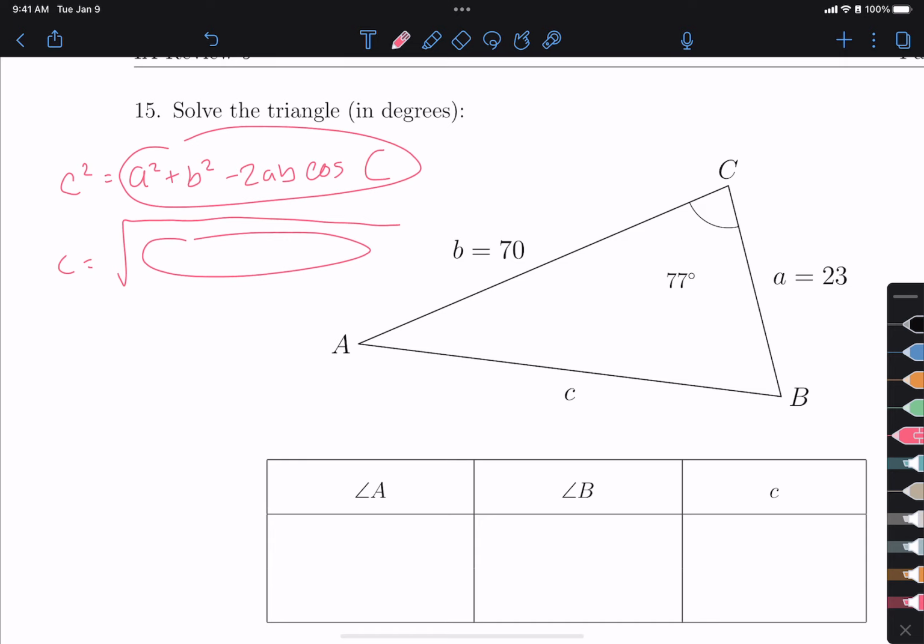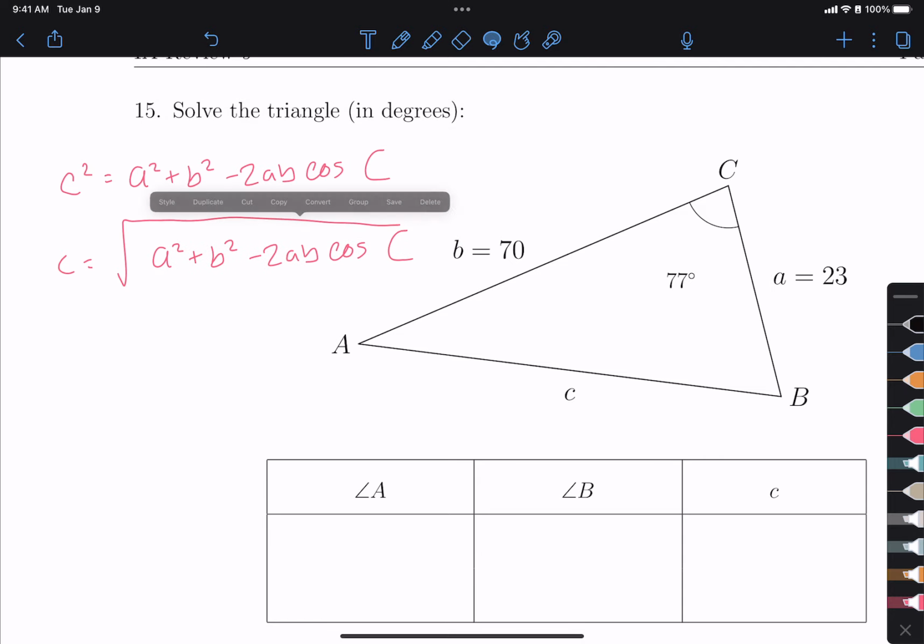I'm not going to write it again. If we put that in our calculator, the square root of 23 squared plus 70 squared minus 2 times 23 times 70 cosine of 77, I'm going to get that c is equal to 68.591.